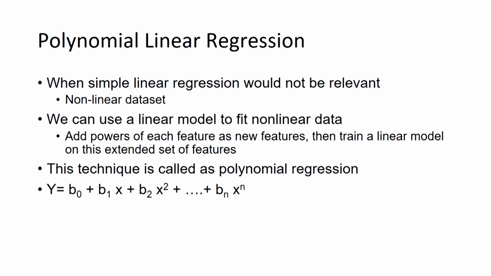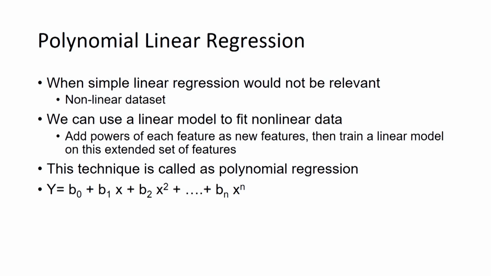Whatever data set you have, suppose you have 10 features. You will extend your data set by adding a few more features that correspond to the square or cube or multiplication of two features, that is x1, x2 and so on. So, we use a linear model to fit non-linear data.